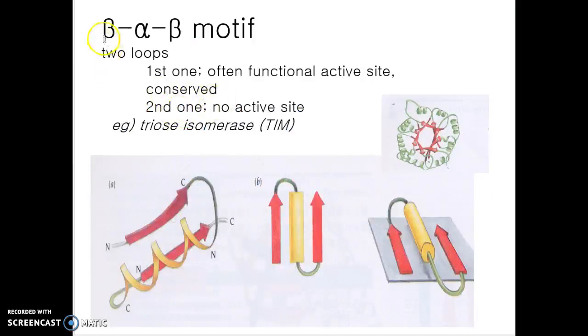Next one will be the beta-alpha-beta motif. 2 betas are connected by an alpha helix and also 2 loops. The first loop provides a functional site. The second one doesn't.